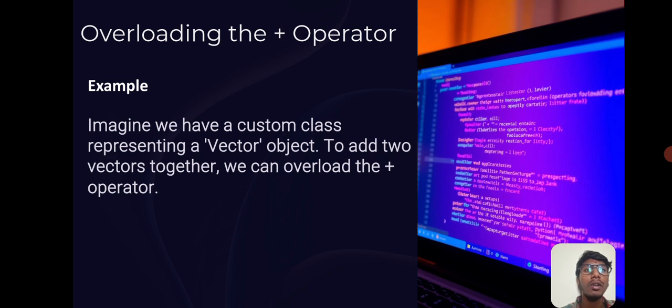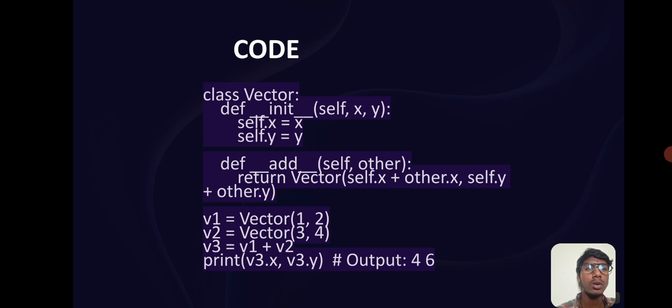For example, for the plus operator, meaning the addition operator, imagine we have a custom class representing a vector object and we want to add two vectors together. We can overload the plus operator. Here is a code example, a program with a class Vector. Define a class Vector and define init of self, x, y, with self.x equals x and self.y equals y.